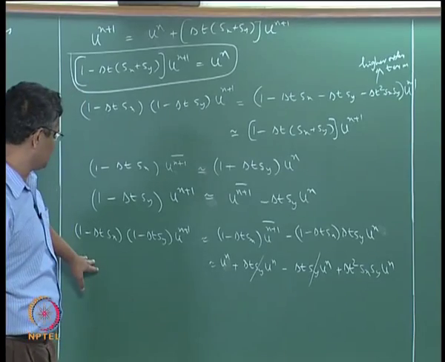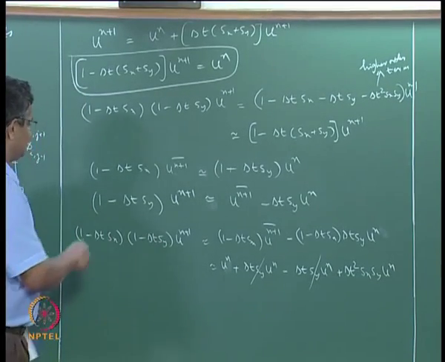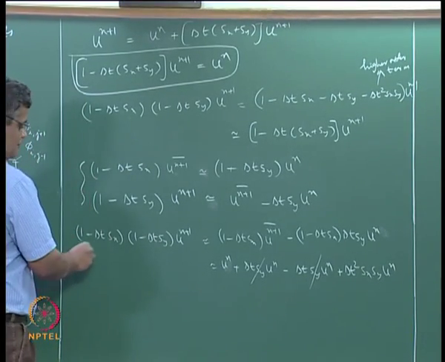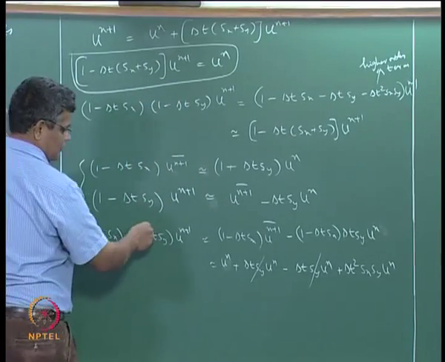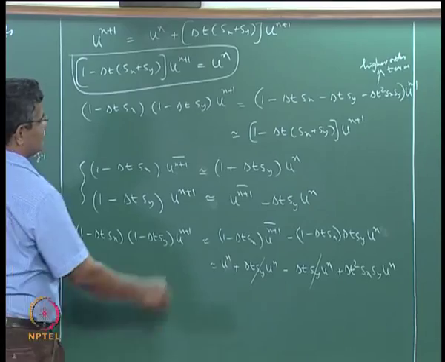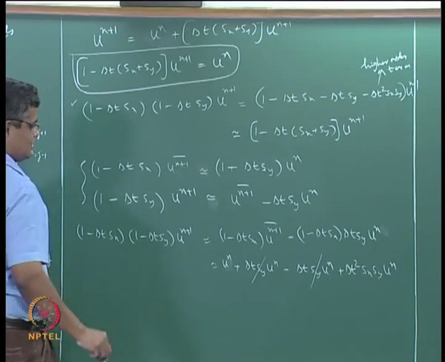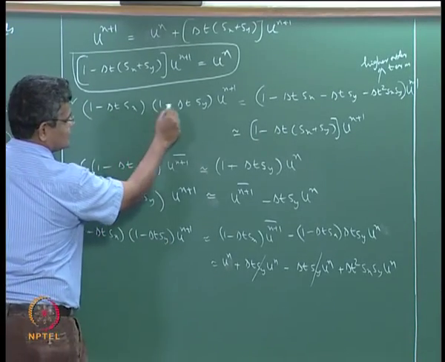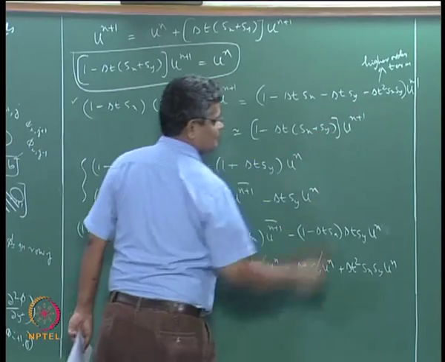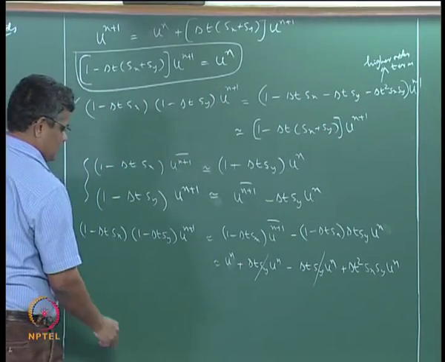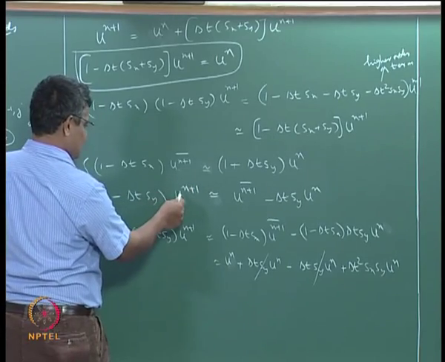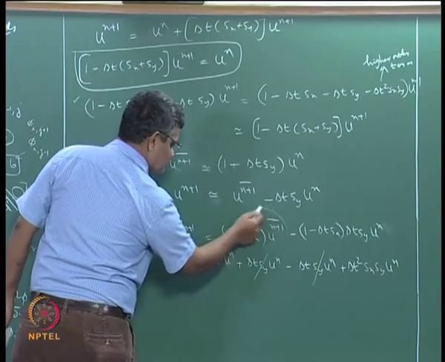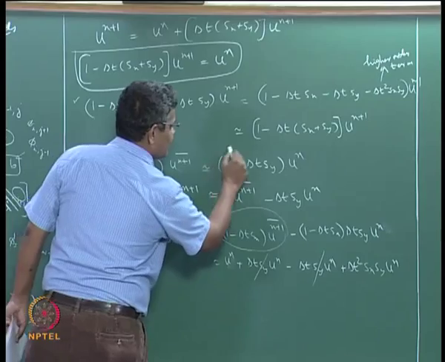From this we can show that this decomposition is equivalent to, we can recover back this equation by making use of this relation here, which shows that this is equal to this whole thing, and substituting for this the right hand side of this.